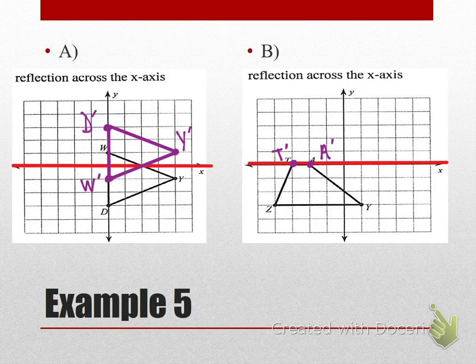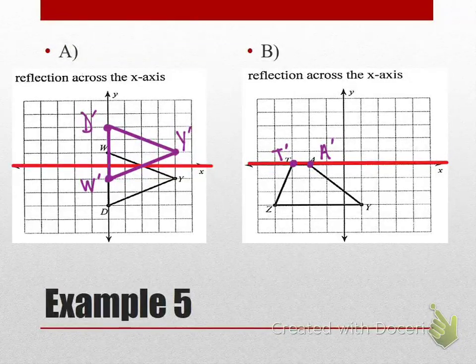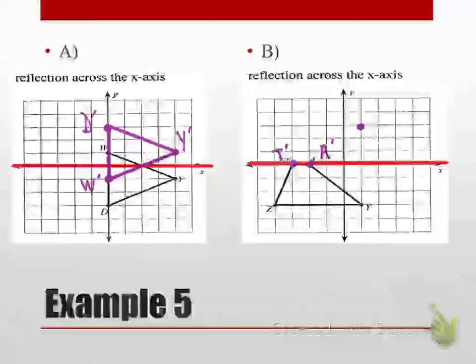Now Y and Z are going to be a lot more like what we just did in problem A. So where is Y prime going to end up? Above. How many above? 3. Notice that I keep my primes in line with the original point, meaning that if I'm just flipping it up, I'm not moving it around. It's just going straight up from where it was.